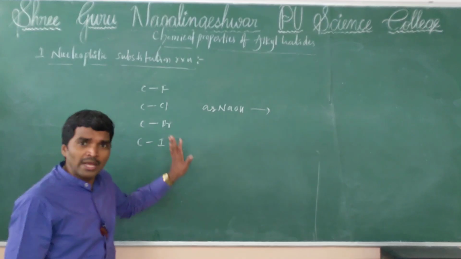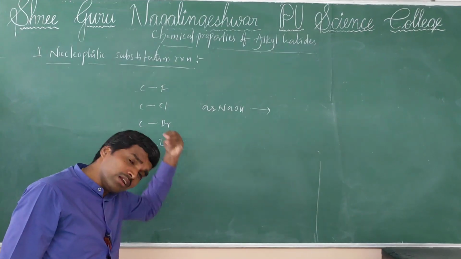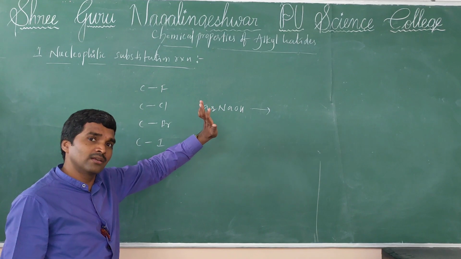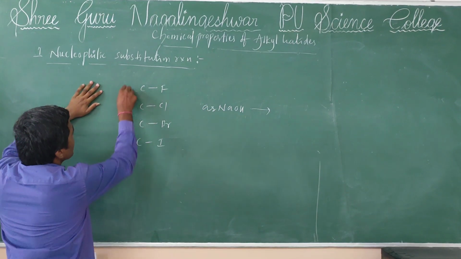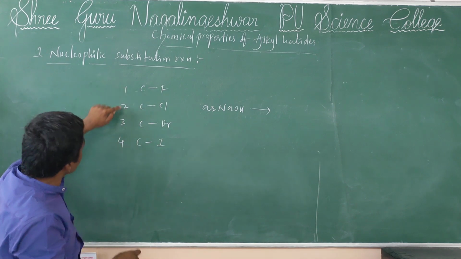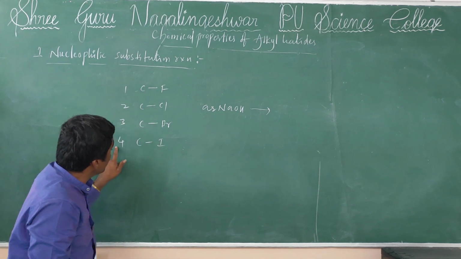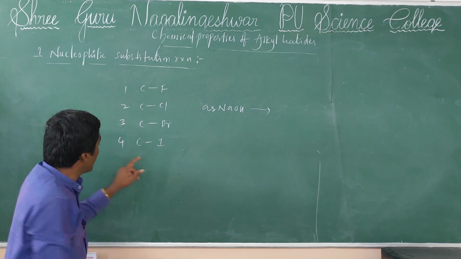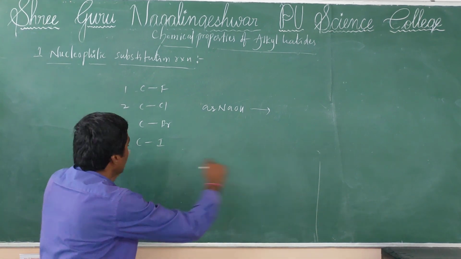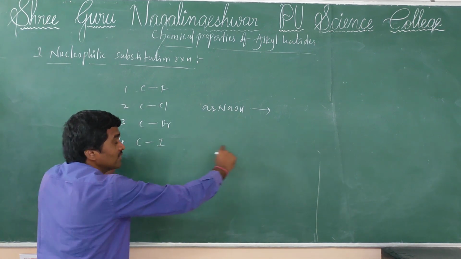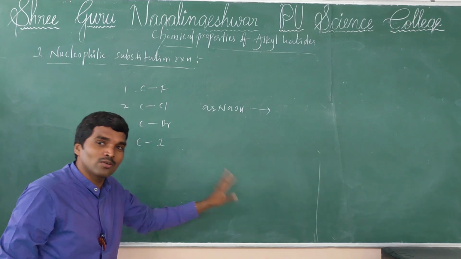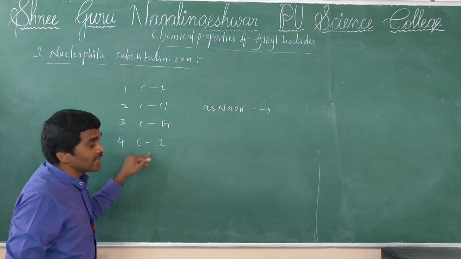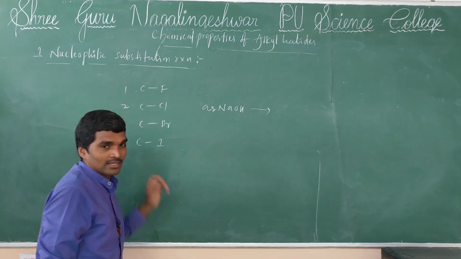You think all are primary or all are secondary or all are tertiary, whatever may be. Which reaction is fast? First one or second one, third or fourth? Fourth one reaction is fast. Why? Because the carbon to iodine bond length is high. Bond length high means bond cleavage is very fast. Bond energy low. So that's why the fourth one reaction takes place first.